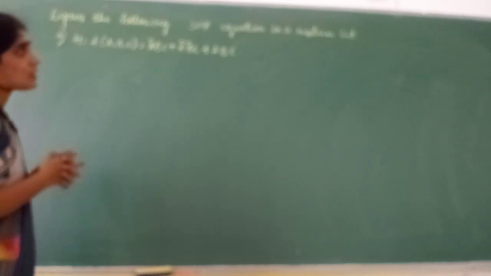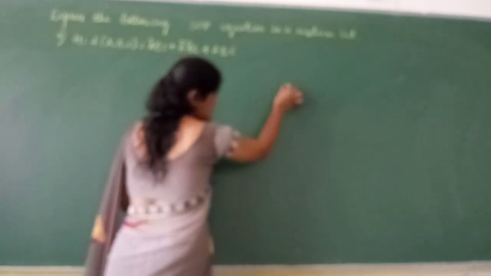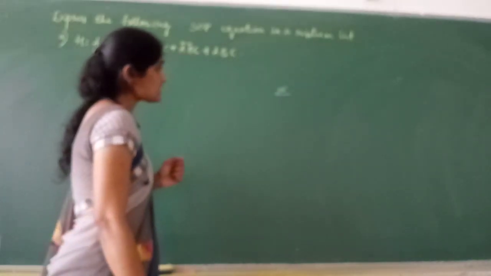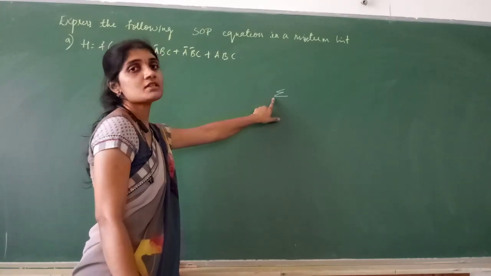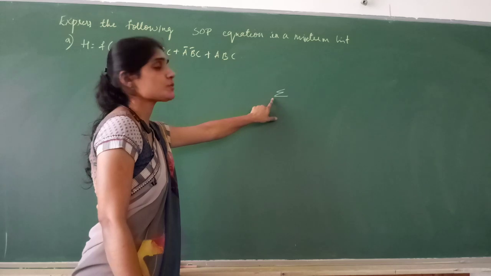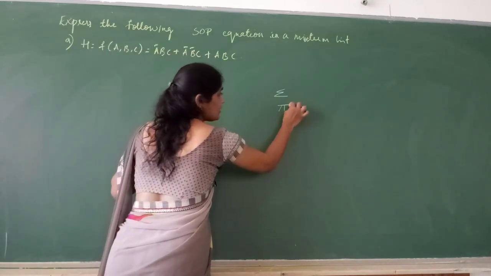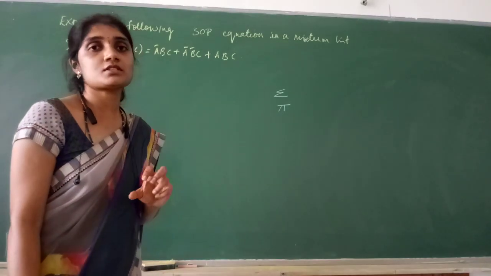Before I list out the min term list, we have one more thing to note down. See, if I write summation, this indicates we are writing the min terms. That means we are writing the min terms for SOP. Okay? If I write pi, that indicates the max term list.